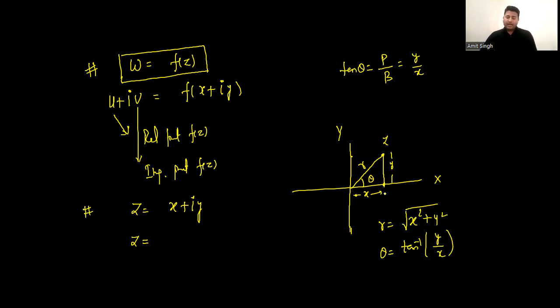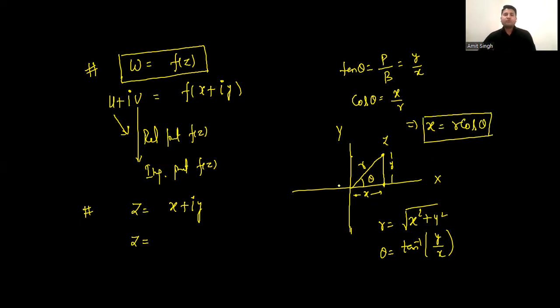Now, cos theta is x over r, like base over hypotenuse. So it tells us the value of x: x equals r cos theta, from this geometrical representation.